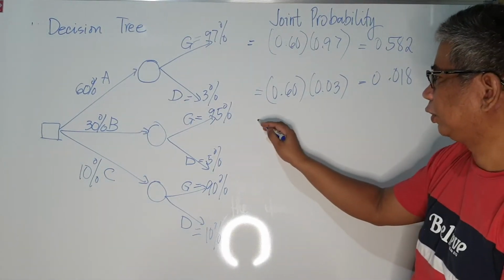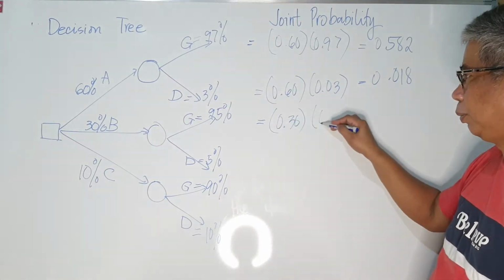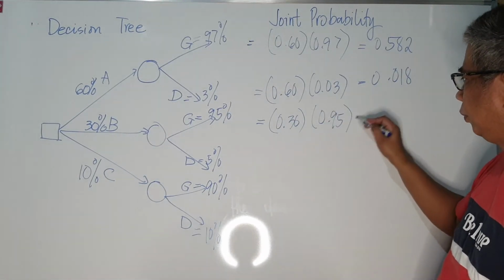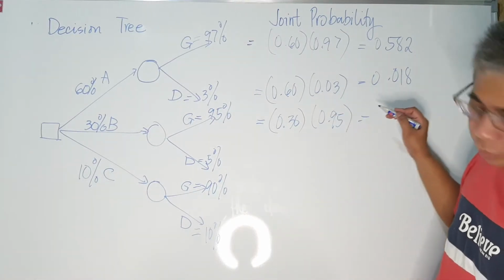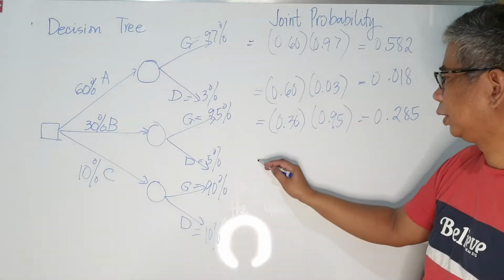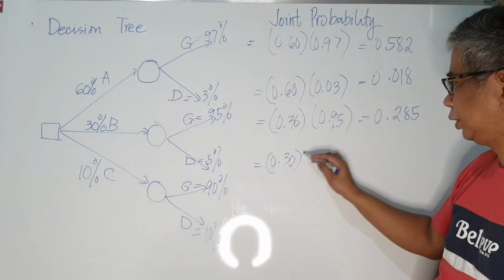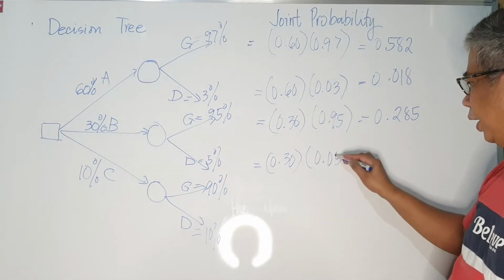Okay? Dito naman ay 0.3 times 0.95. We get 0.285. Ito ay 0.3 times 0.05.